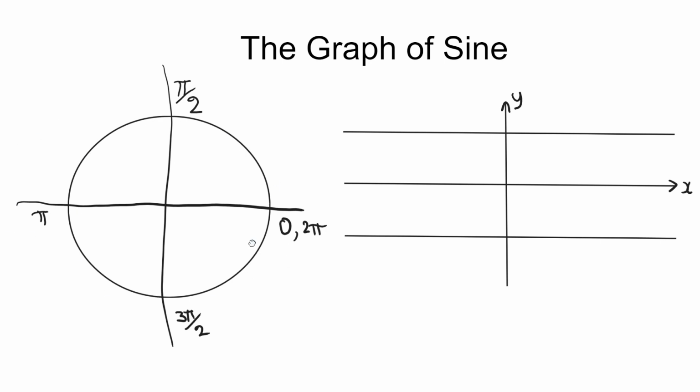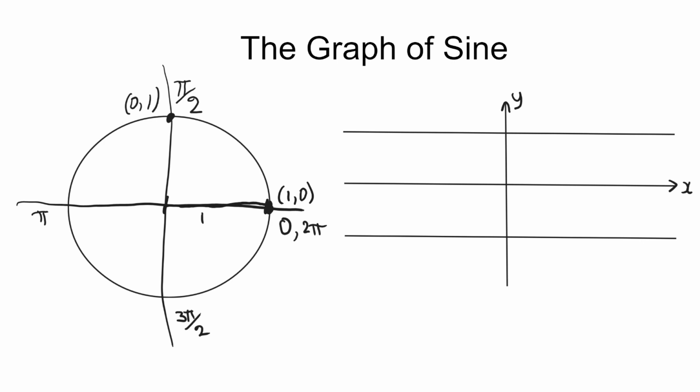Okay. So if we recall, I'm just going to fill in the different points, right? So on the unit circle, notice again, unit means we have a radius of 1. And that's along this line here. So this point is going to be 1, 0. When we're at the top of the unit circle, we're going to have the point 0, 1.